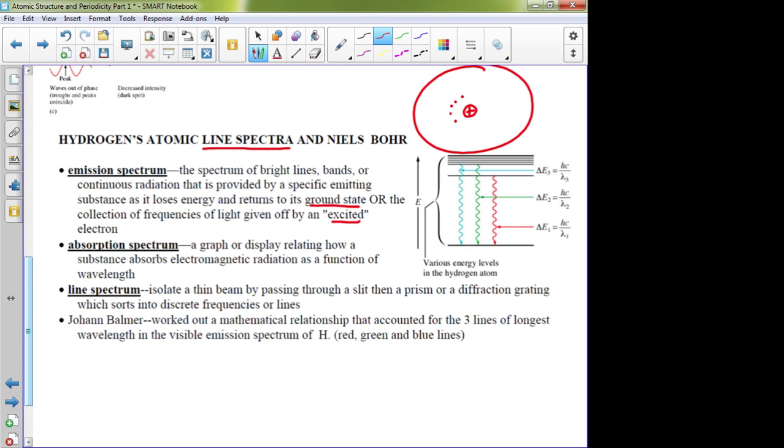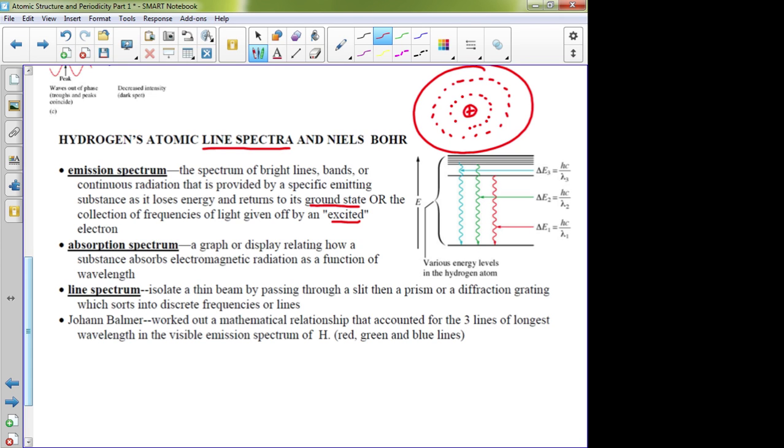And then remember that the electrons have energy levels, okay? They don't just all float around wherever they want to float around. They are confined within energy levels. And so the ground state is the energy level that the electron can get in that's closest to the nucleus. Is the ground state the same for every atom?